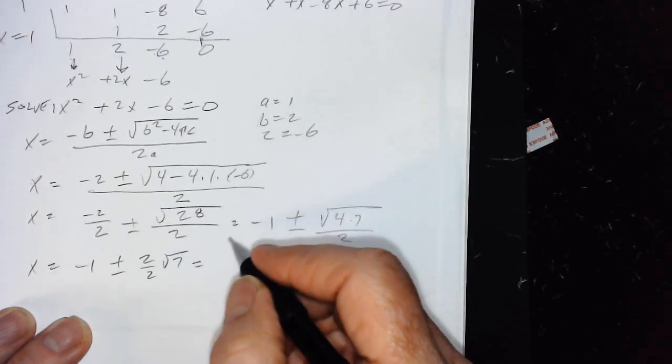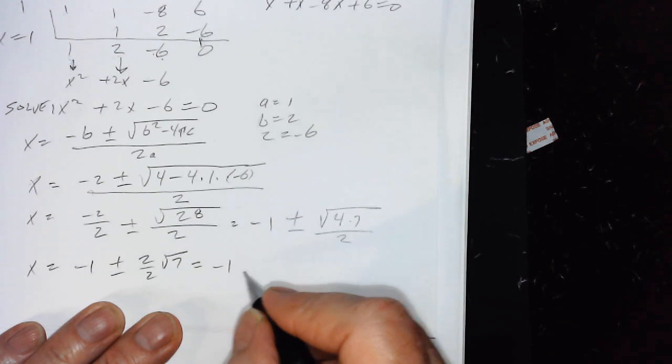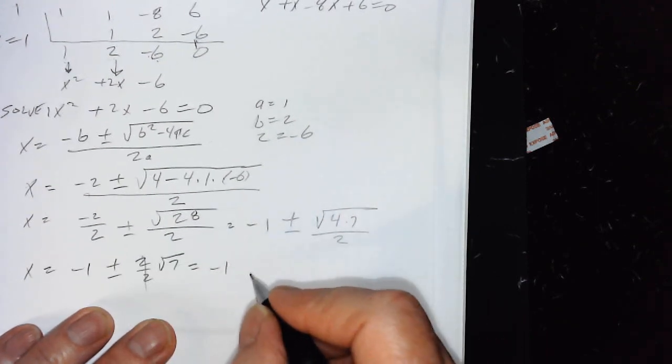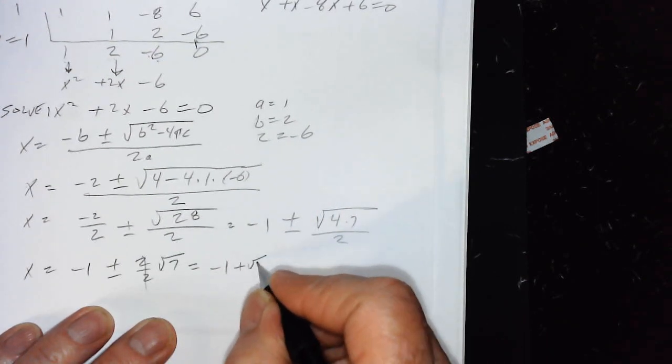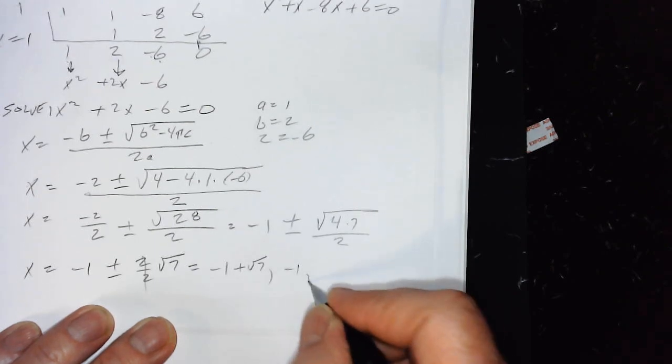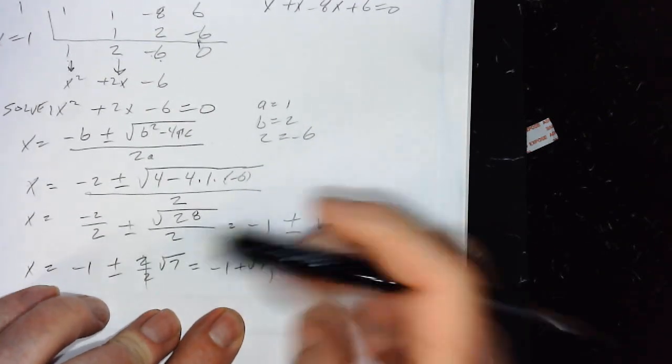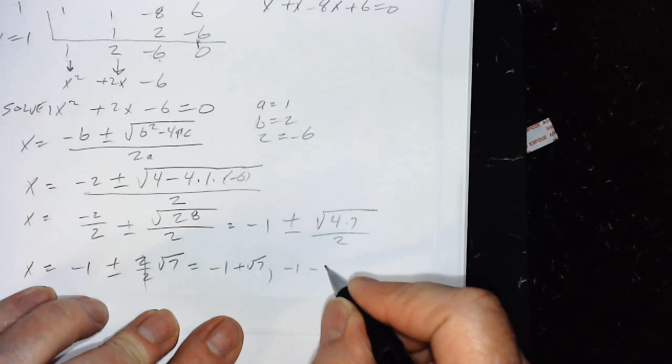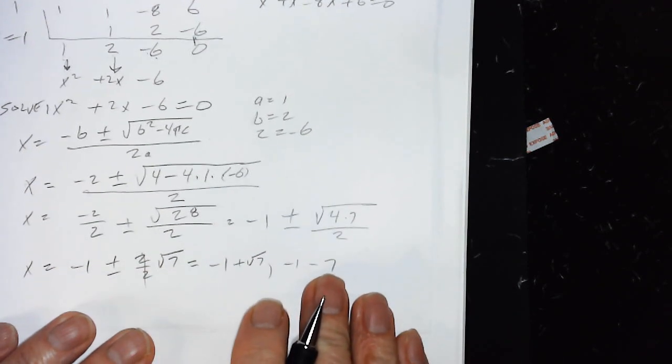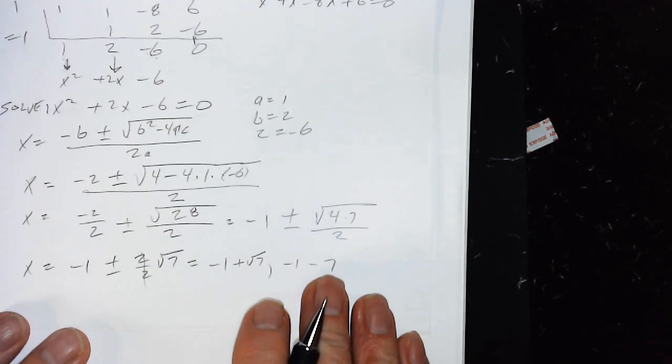You know, these cancel out, obviously. Negative 1 plus the square root of 7, and negative 1 minus the square root of 7. So you see, we finally reached the answer to our whole problem.